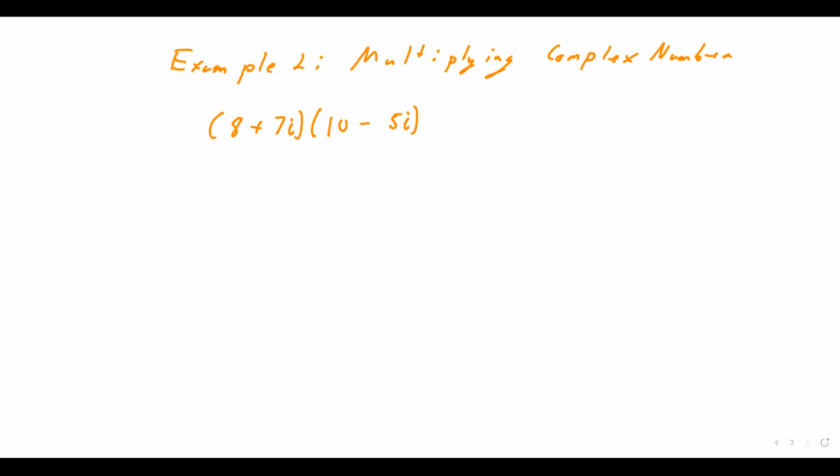So let's do that. 8 times 10, 80. 8 times negative 5i, 7i times 10, 7i times negative 5i. Just negative 35i squared, because it's an i times an i.